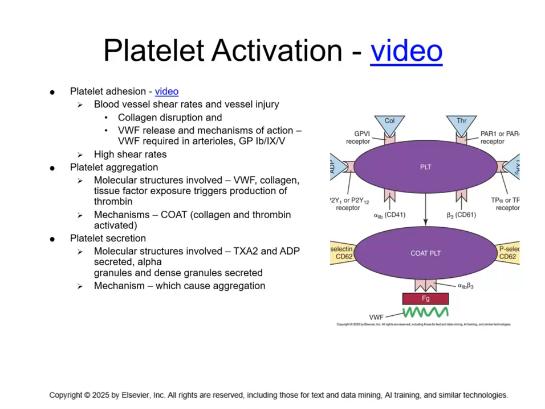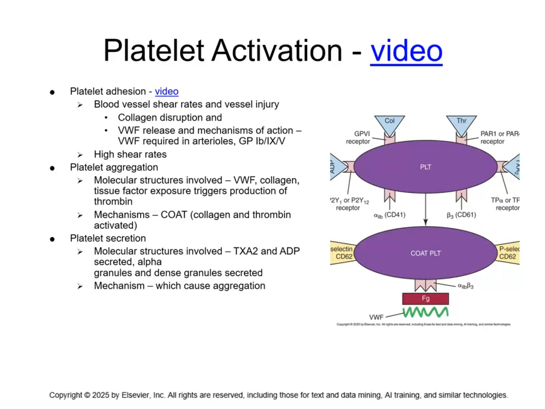Again, watch that video. The platelet aggregation allows for more stuff to trigger thrombin to come out. And when the thrombin comes out, this is now bringing in the coagulation cascade. So we have all this stuff coming out, ADP, calcium, thromboxane A2, everything coming out to allow for more platelet aggregation to occur.